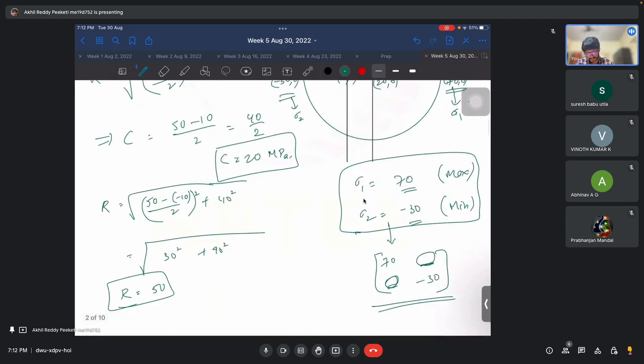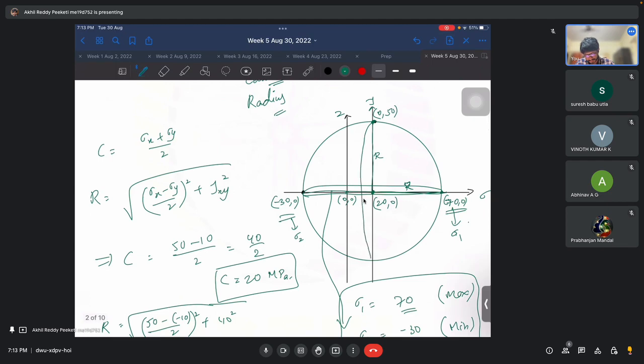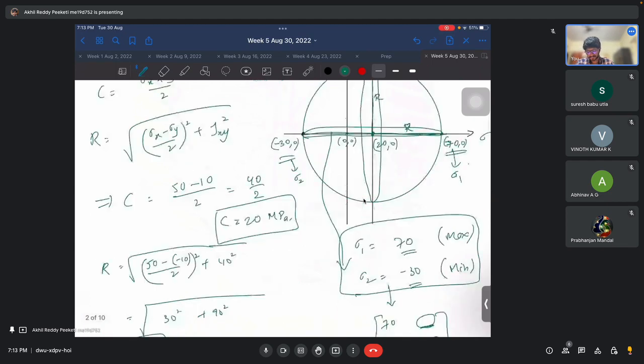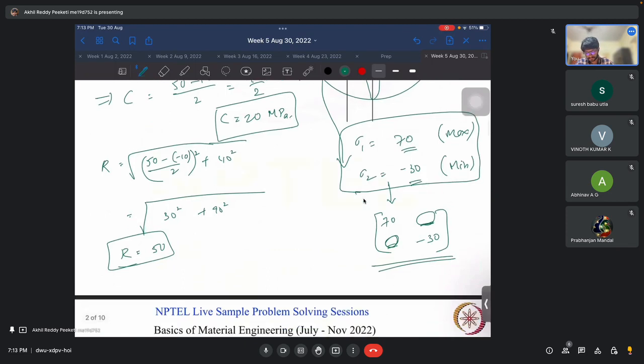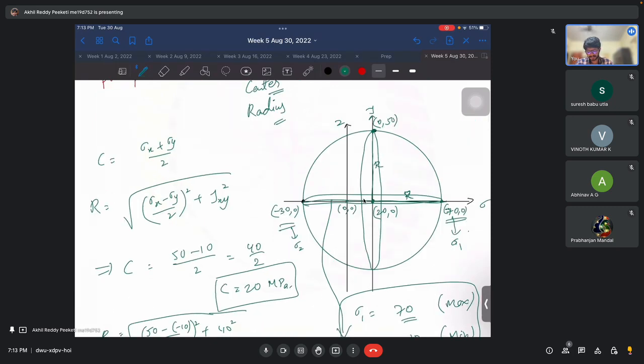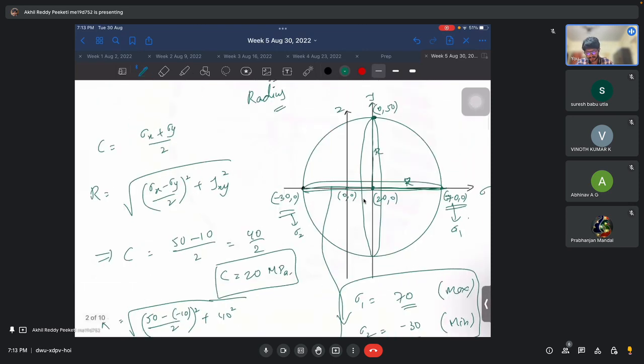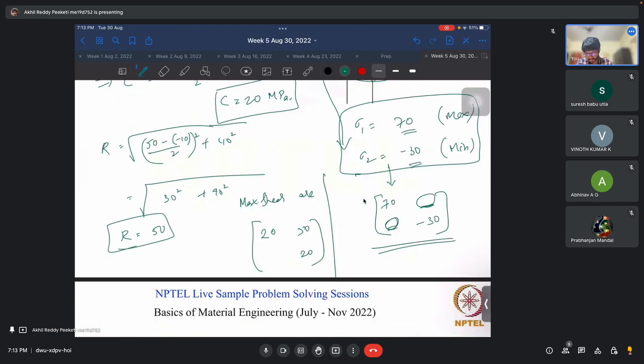So when shears are maximum, in that case, what would be the stress tensor? Both sigma x and sigma y would be 20, and then tau would be 50.